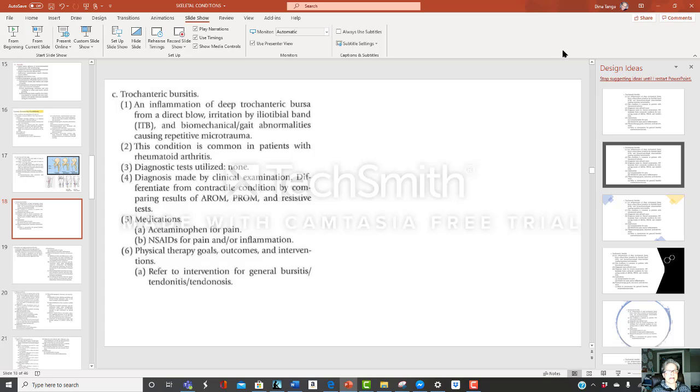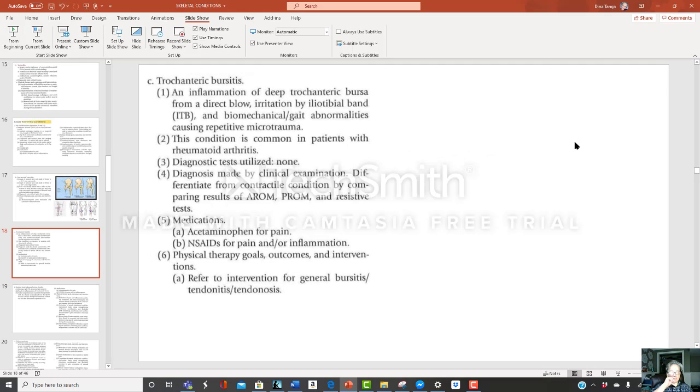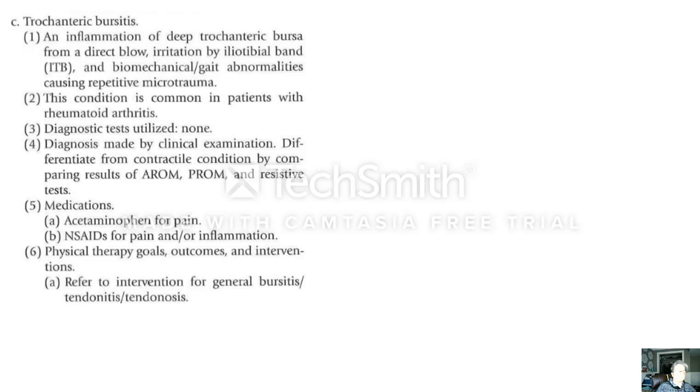Trochanteric bursitis, an inflammation of the deep trochanteric bursa from a direct blow, irritation by the iliotibial band, and biomechanical gait abnormalities causing repetitive microtrauma. This condition is common in patients with RA.